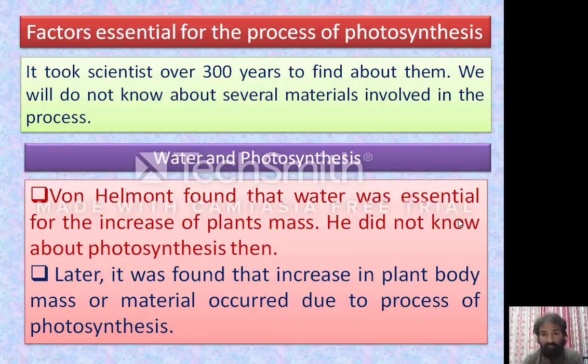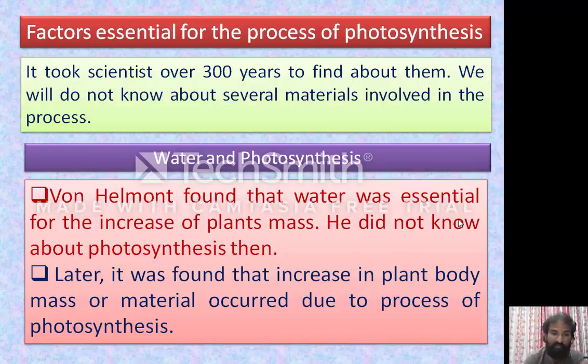At that time, he did not know about the process of photosynthesis. At that time, photosynthesis had not been discovered by any scientist, when he conducted the experiments regarding water being essential for increasing plant mass. Later it was found that the increase in plant body mass occurred due to photosynthesis. Actually, water is not the only factor which increases the plant's mass.